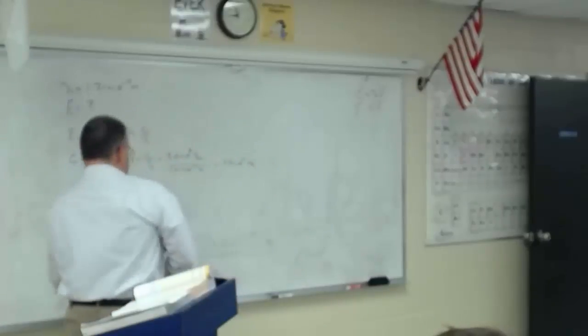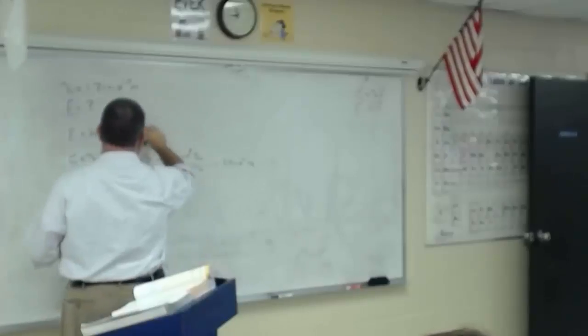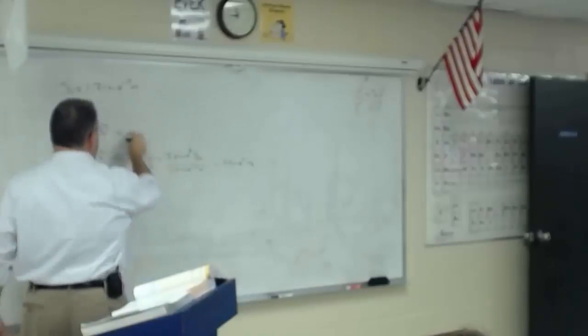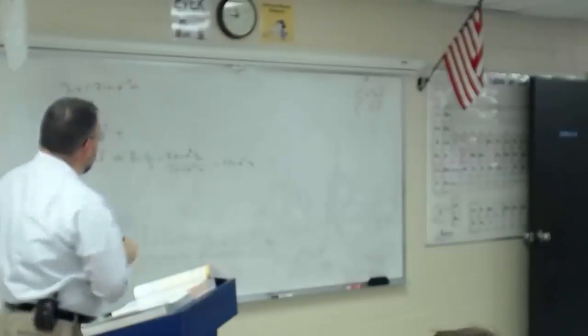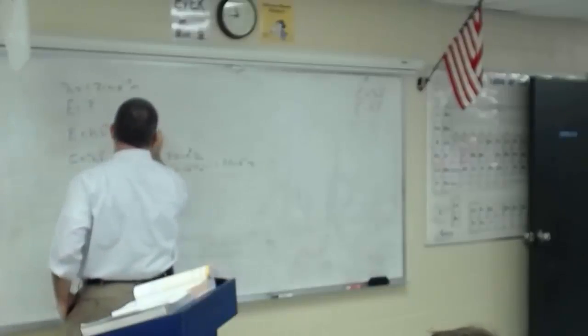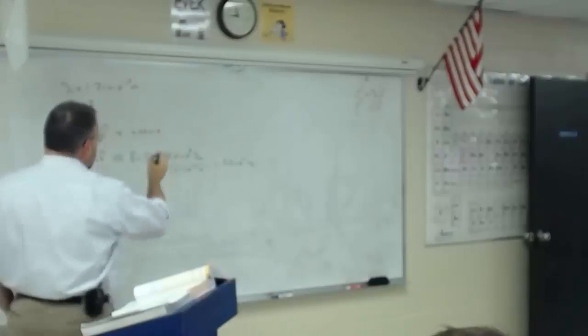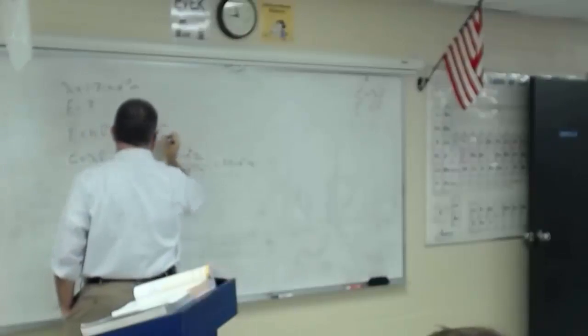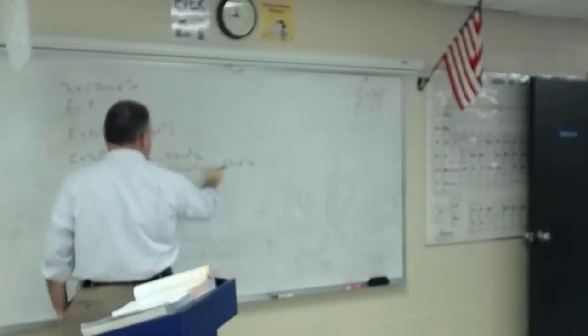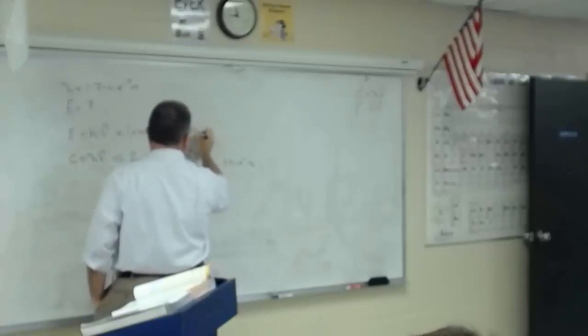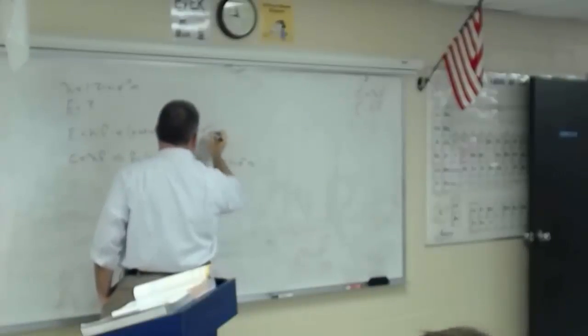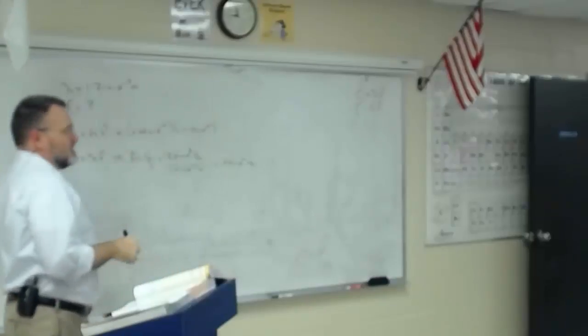I could go back in then here, use Planck's constant, 6.63 times 10 to the negative 34th, and multiply that by 2.5 times 10 to the 20th. And that would give me the right answer.